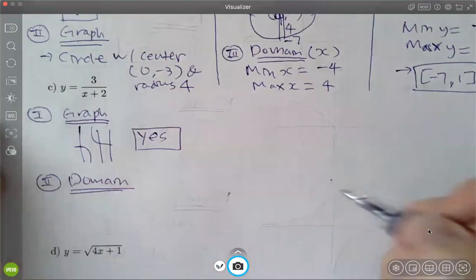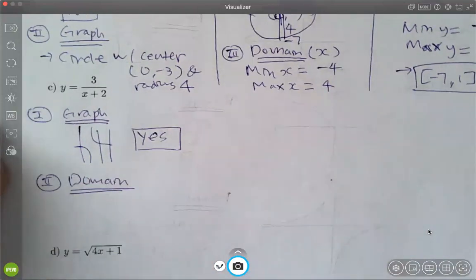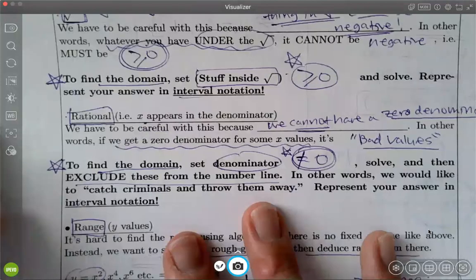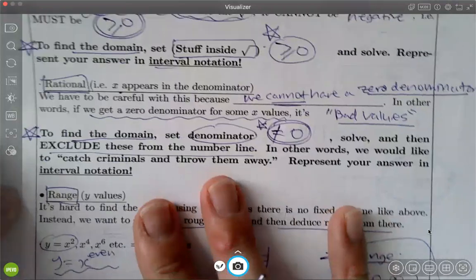Now, the domain. Is the domain everything? No. So now, do we have a rational function or a square root function here? Yes, we have a fraction, right? So remember, for the rational case, what do we have to do?